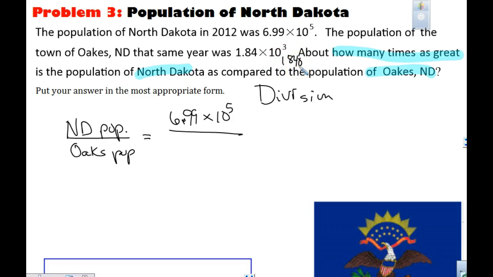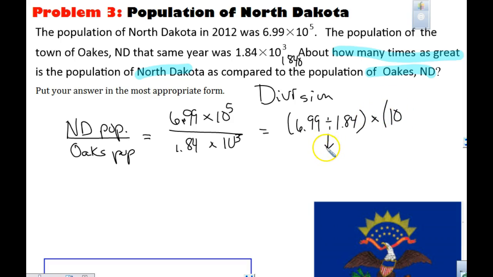Isn't that what it looks like in standard form? So when we are looking at those, we want to write it that way. And now we want to divide by 1.84. So in your calculator, Mia, what would you be putting in to show the division? 6.99 divided by 1.84. What'd you get? I got 3.79.